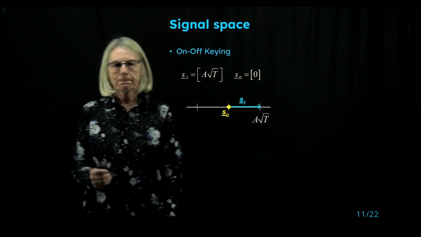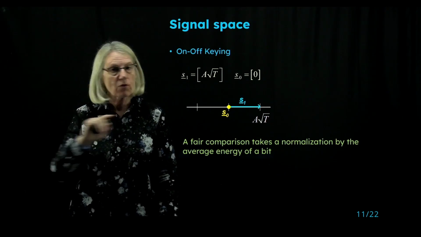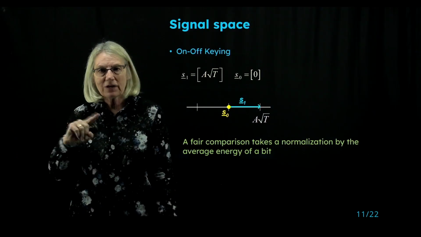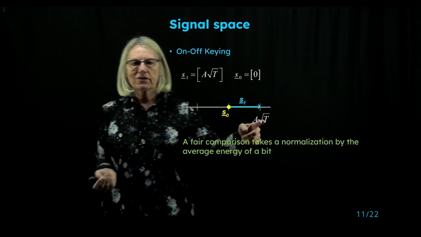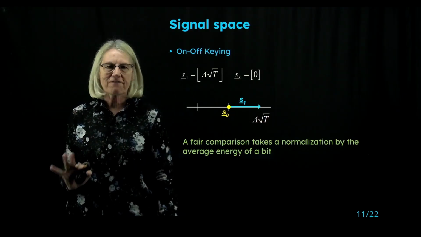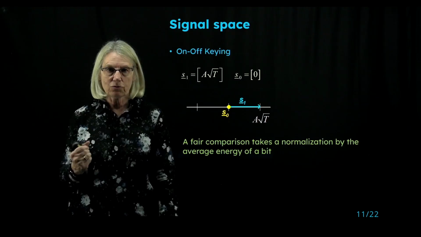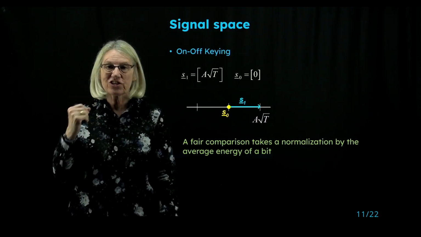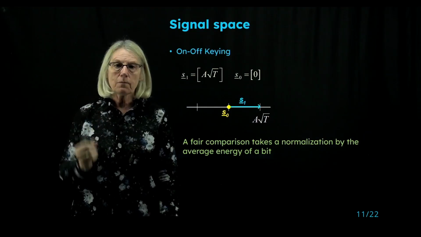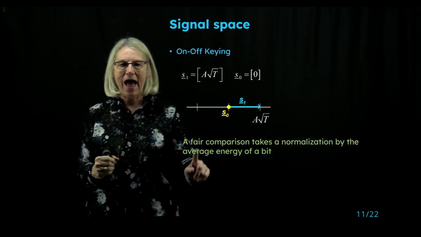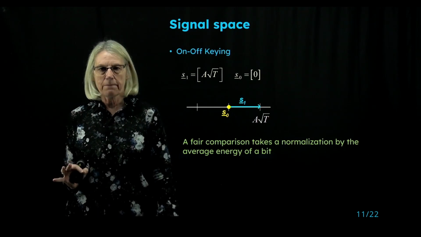Now, what I want to do is make a fair comparison. We're looking at on-off keying now. We're going to look at BPSK pretty soon. I want to compare the two, and I want to compare them fairly. I could say they're at the same amplitude, but that's not really fair, because what I really care about is the power that I use to send my information, the energy I use to send my data. So a better way of normalizing is to have the same average energy per bit for the two systems that I want to compare.